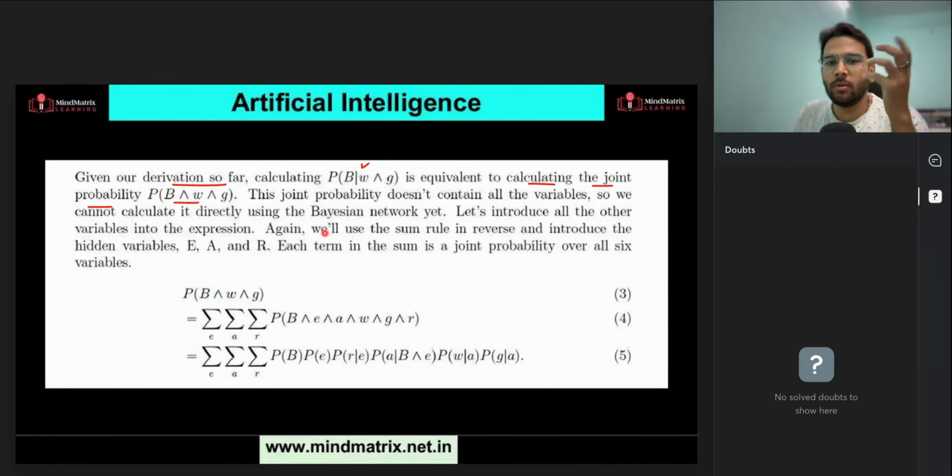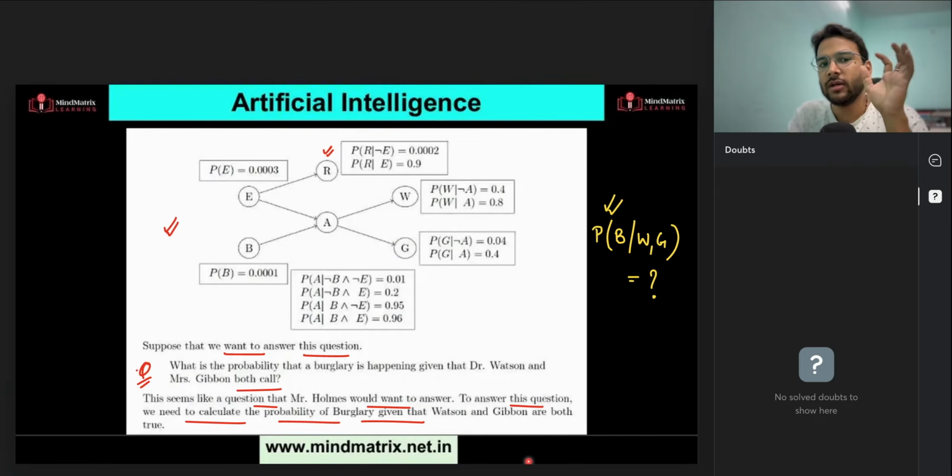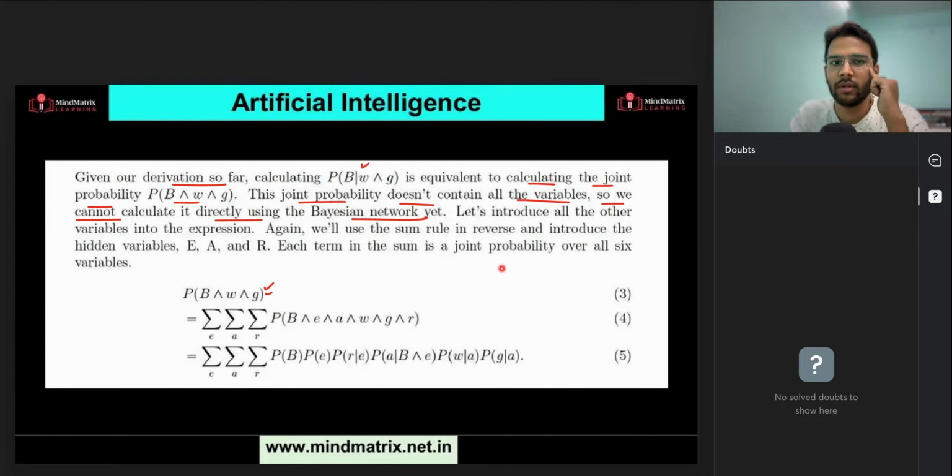Because ultimately the denominator we can always find. Now this joint probability does not contain all the variables. As you can see, only 3 variables are there. So we cannot calculate it directly using the Bayesian network yet. Are you getting this? If all the variables are not involved, if you see this diagram also, you won't be able to find it directly using the Bayesian network.